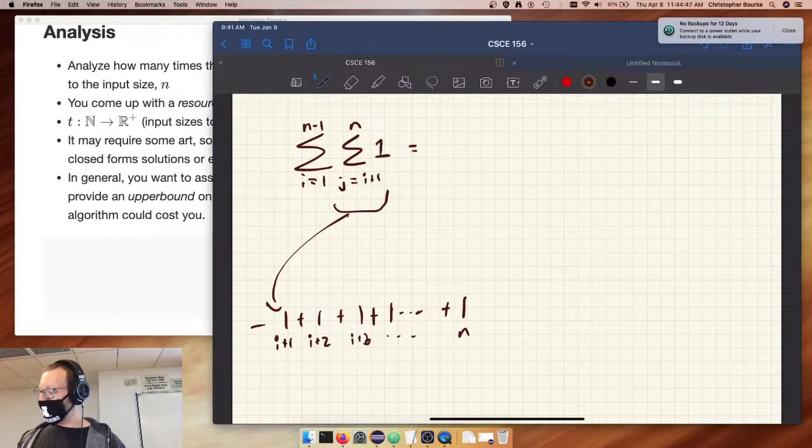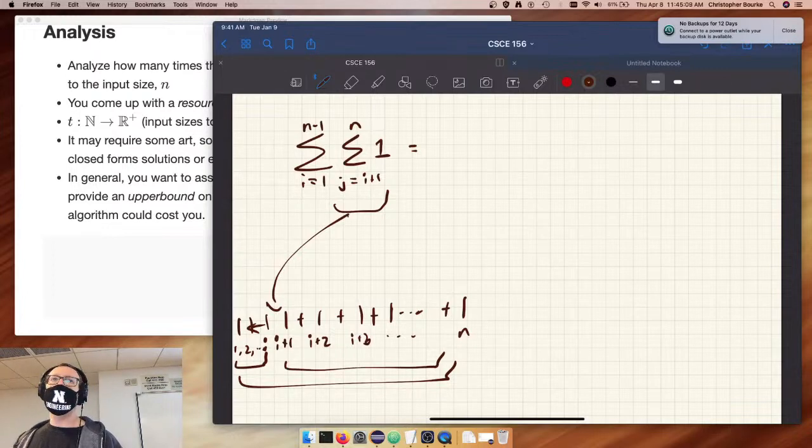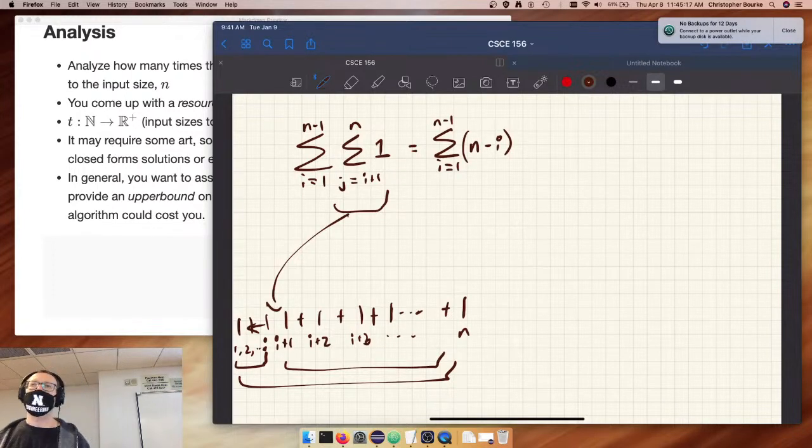If I were to expand it out this way and say that I started at 1 instead, 1, 2, dot dot dot, stop short at i, now how many ones are there? i, up to this point, right? How many are there total? n. So how many must there be here? n minus i.